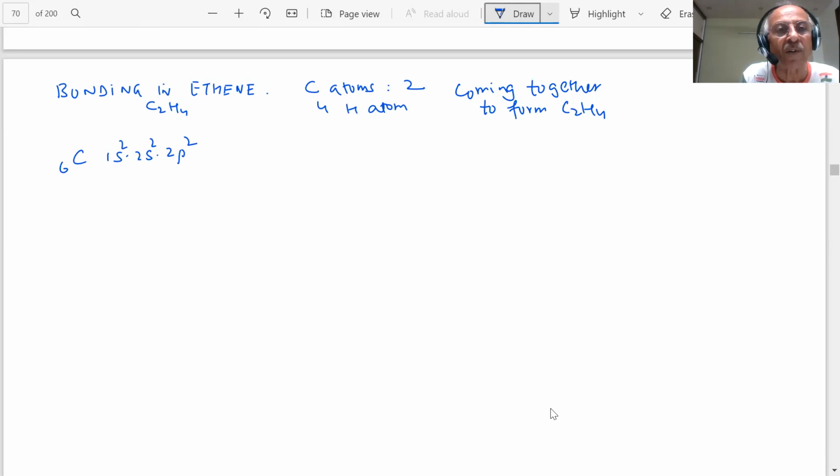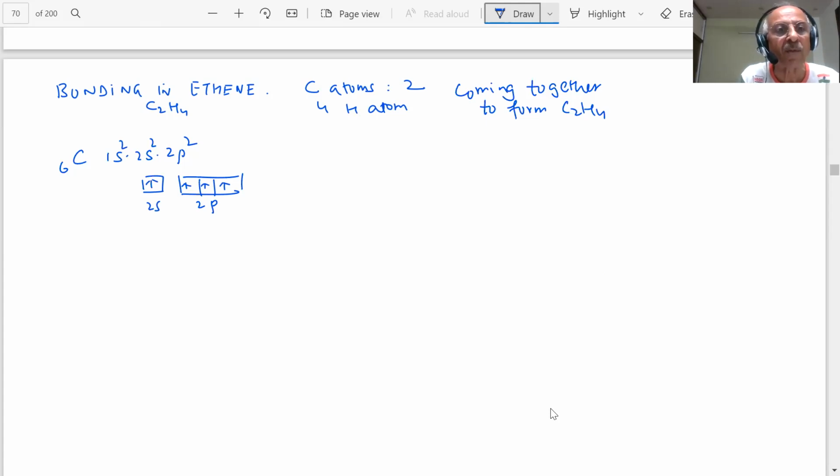Which orbitals are going to overlap, student? Actually, one of these electrons gets excited when hydrogen atoms come. So you have the s orbital, 2p orbitals, and 4 electrons.